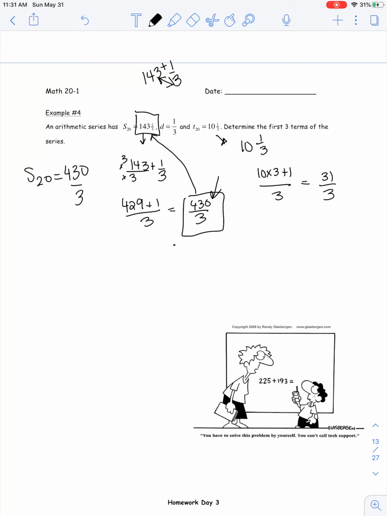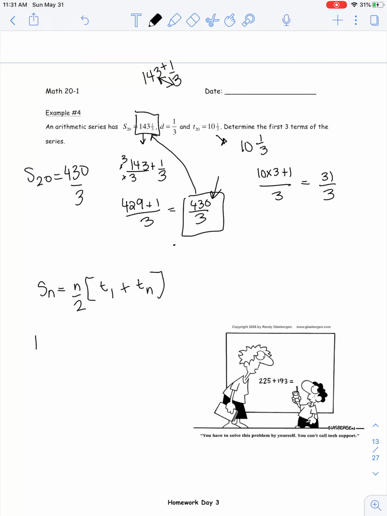So once we have that, they're asking us to determine the first 3 terms of the sequence. They're giving us the arithmetic series. So we can actually use the second formula, Sn equals n over 2, because we don't know what term 1 is, but we have everything else. We do know that the last term in the sequence is term 20, so we do have that.